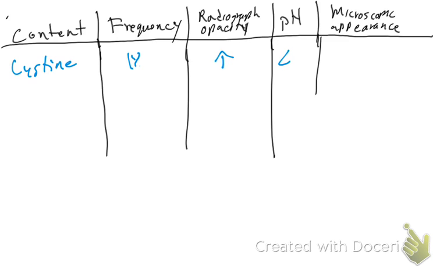If you remember, we have two with less than 7, which are cysteine and uric acid, and two with more than 7, calcium phosphate and magnesium ammonium phosphate, because phosphate has pH more than 7. Coming back to cysteine, the pH should be less than 7.